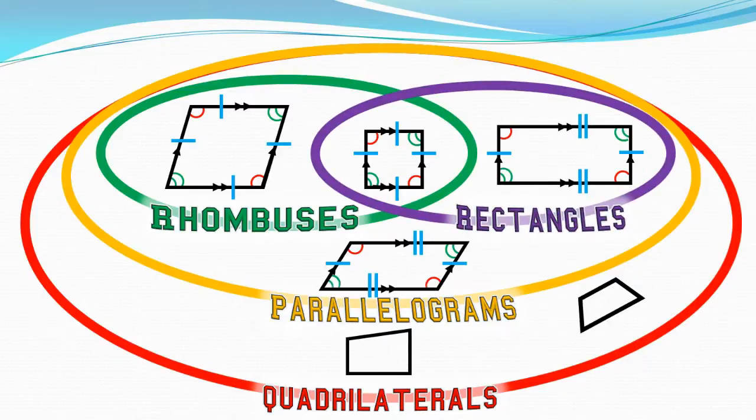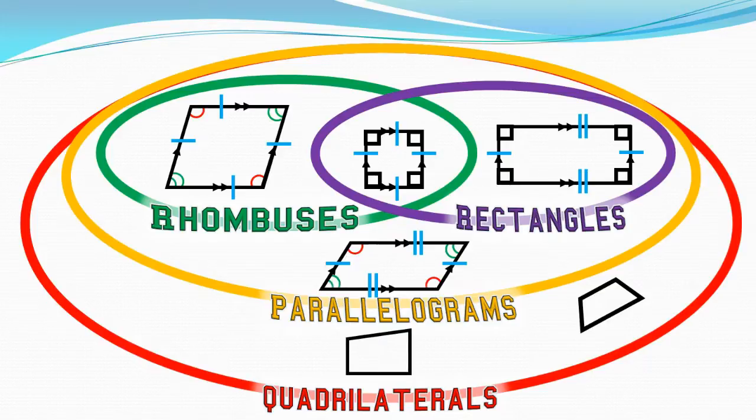Rectangles, just like rhombuses, have one measure for the angle because all 4 angles are congruent. So if I know one of my angles, I know all 4 of my angles. And they're always going to be 90 degrees because the interior angles add up to 360. We break that evenly 4 ways, we get 90 degrees.